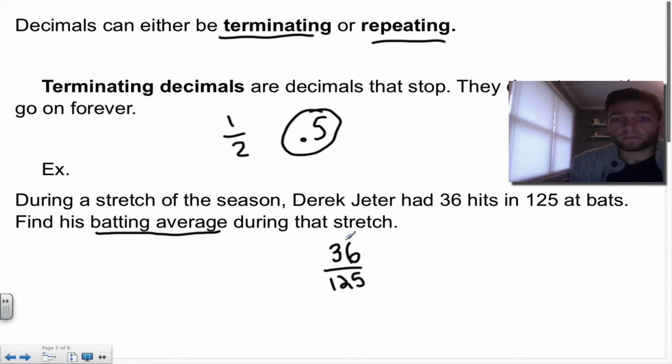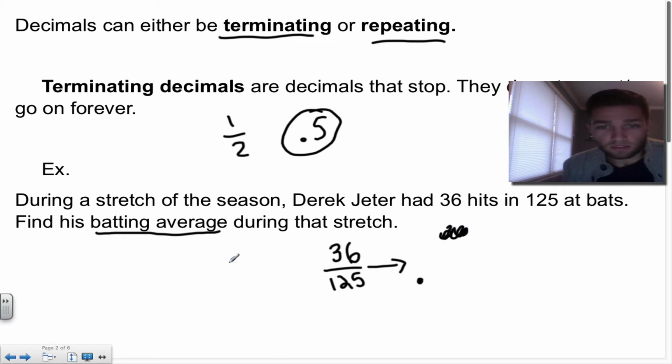All right? So to find his batting average, for those of you who watch baseball, you know that batting average is written as a decimal. They'll say, for instance, Derek Jeter is batting .310 right now, and it's usually written as .310. The way that they find that is they take the number of hits divided by the number of at-bats.